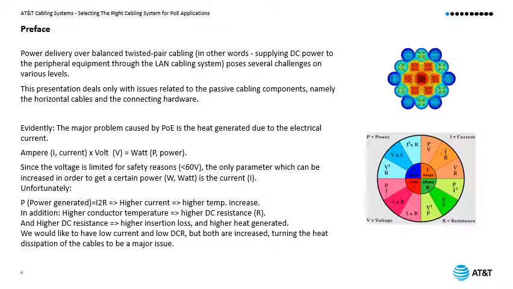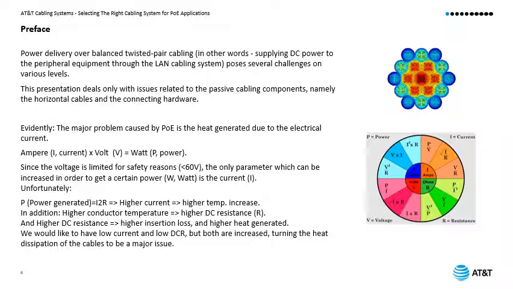There are many challenges when we are going to supply DC power over a LAN cabling systems. In this presentation, we are going to talk about passive network only and not going to talk about any active challenges. The major problem caused by PoE is the heat generated due to the electrical current.